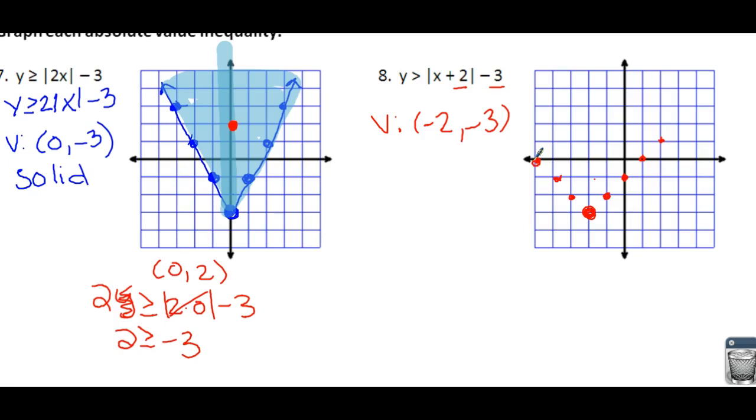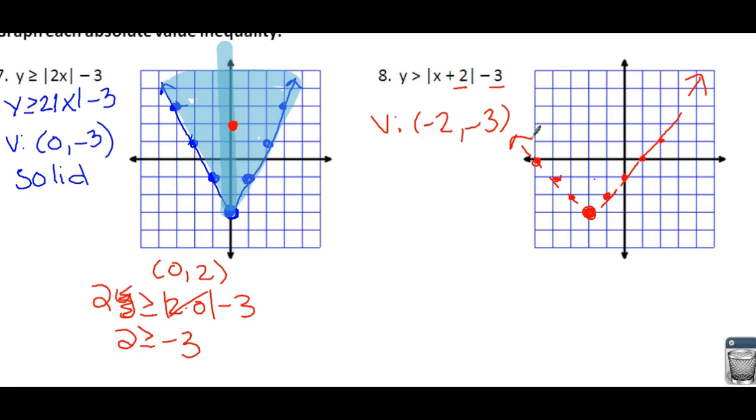Now this time, y is greater than, but not equal to. Therefore, my line is dashed. And once again, you need to determine when are the y values greater than the vertex.